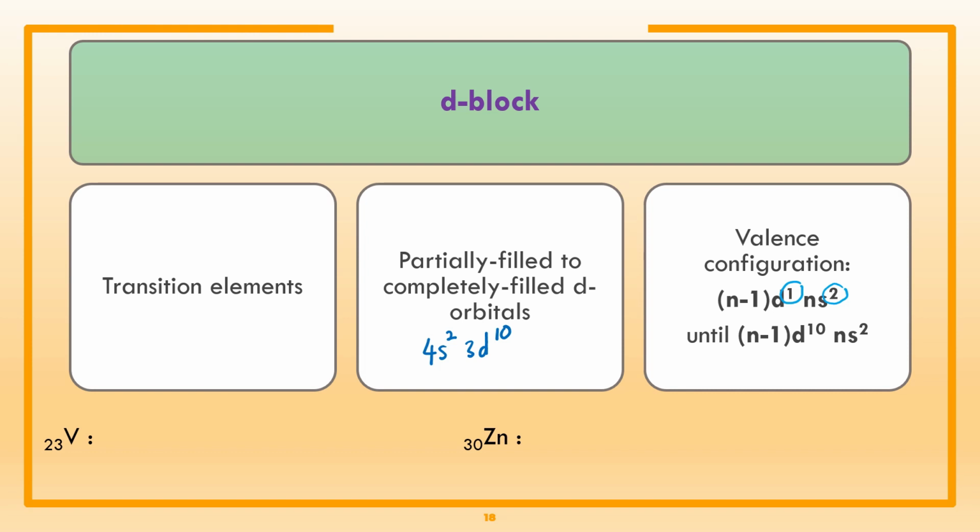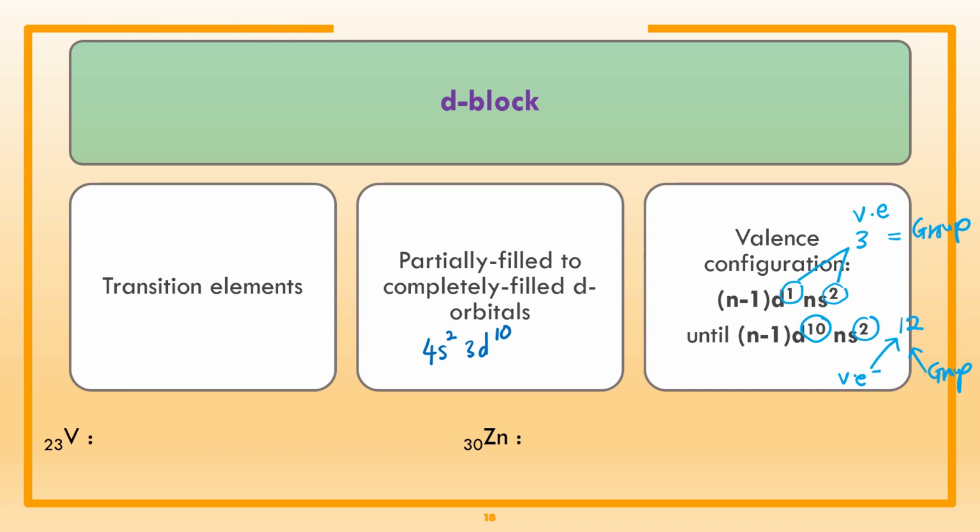The total of these two will be 3. So what does 3 refer to? The valence electrons and also the group of the transition metals. And then this 10 plus 2, you get a total of 12. So this 12 belongs to the valence electrons and also the group of the transition metals.